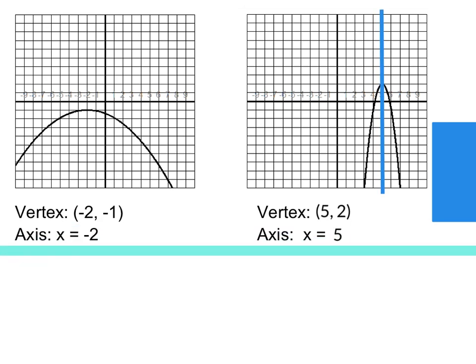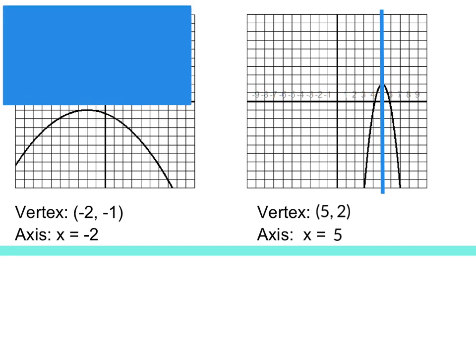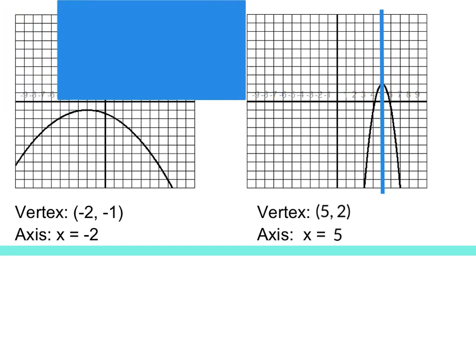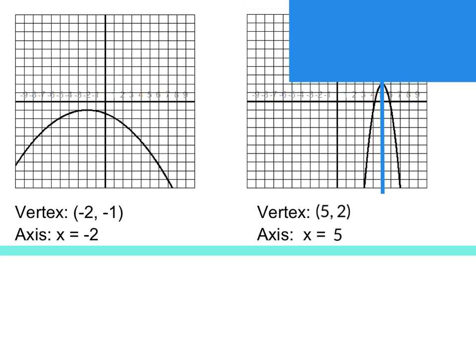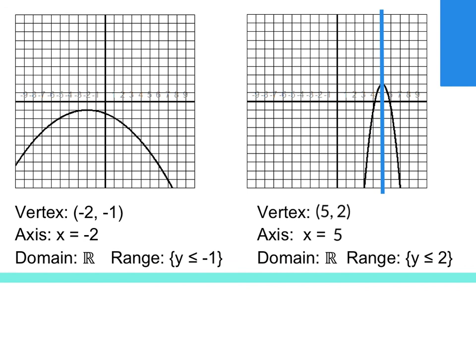And then when we look at domain and range, we know that the domain is the set of all real numbers. And for the range, now we've got a max, so my entire graph is below the y value of -1 here, and it's below the y value of 2 here. So we would say that the range for this one is y less than or equal to -1 and y less than or equal to 2.